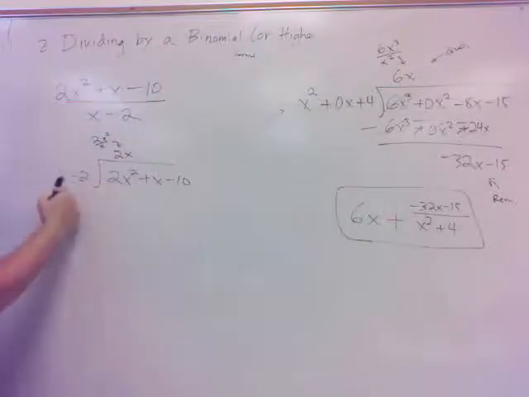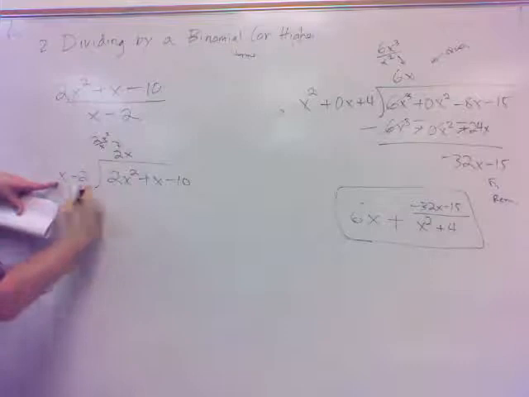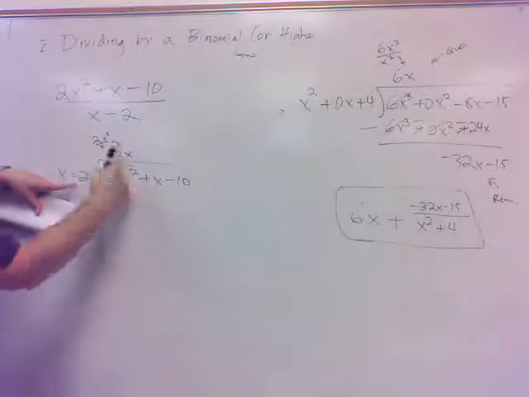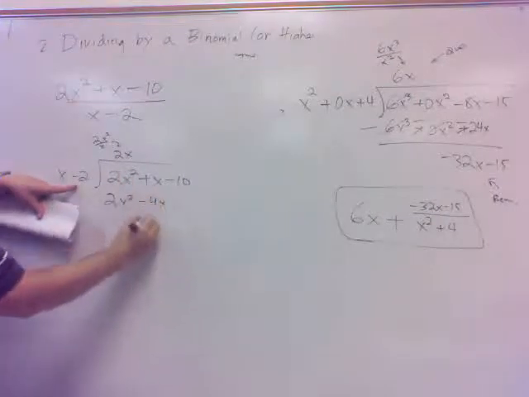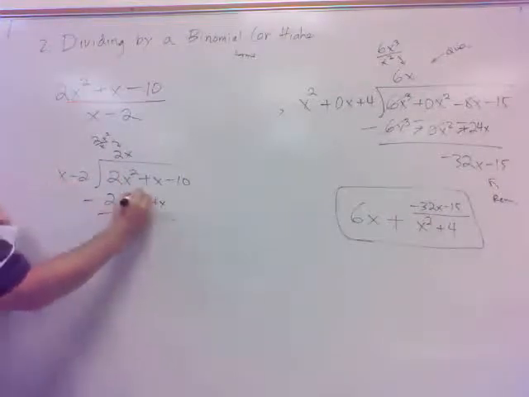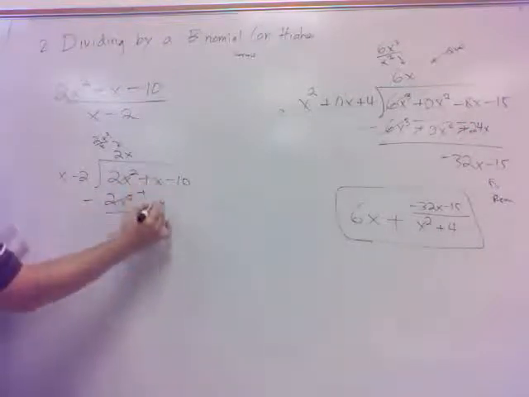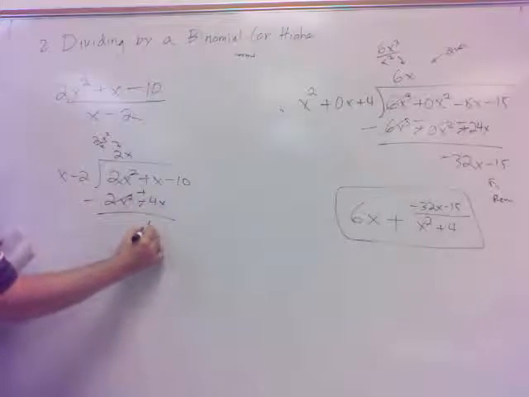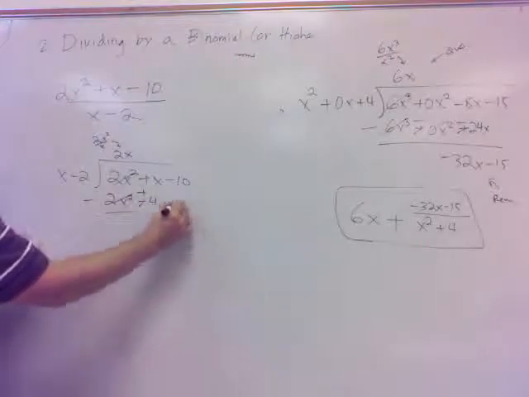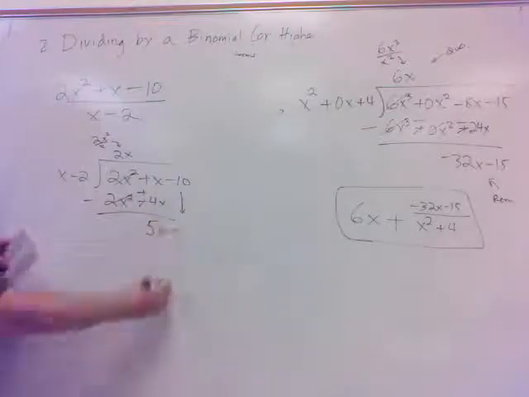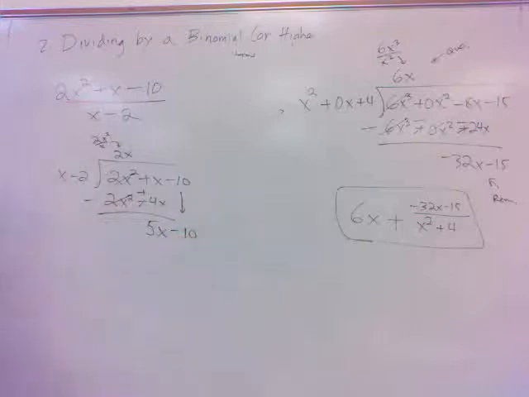Then I have 2x times x minus 2. That'll be 2x times x is 2x squared. 2x times minus 2 is minus 4x. Change the signs. The 2x squareds are out. X plus 4x is 5x. Bring down the minus 10 and do it all over again.